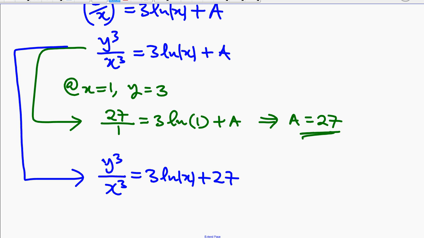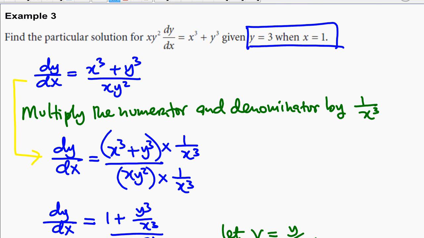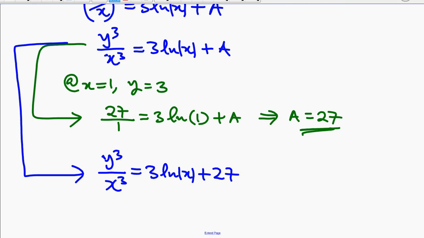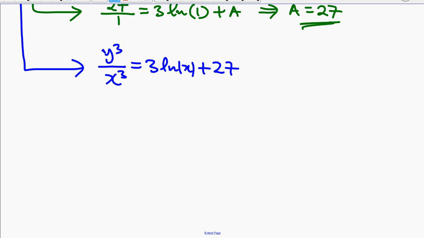Now, to find the particular solution, we can just carry on and make y the subject of the formula. Doesn't really matter. Anyway, what we'll end up with is, multiply both sides by x cubed.